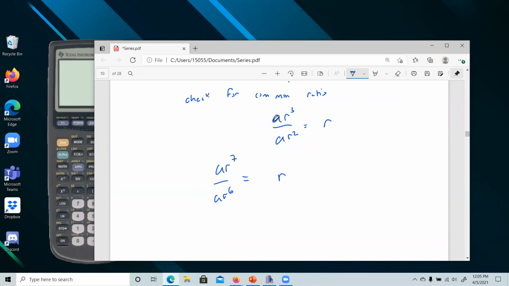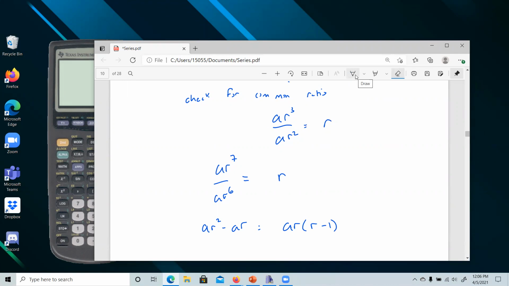See, if you try to do that with this one, right, if I say ar squared minus ar, well, that's going to be ar, and I'll have r minus 1 here, and that's a difference. But if I try for a different, right, pick any other two, then this is going to be a little bit different.